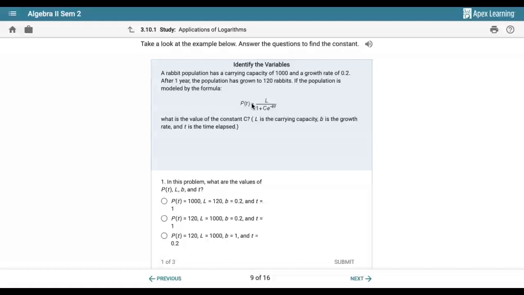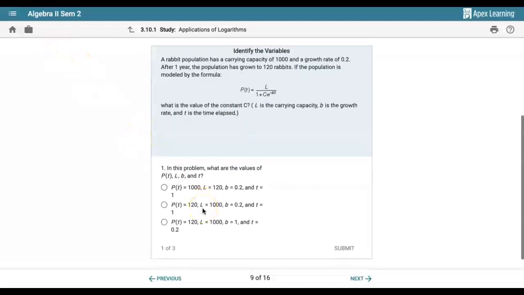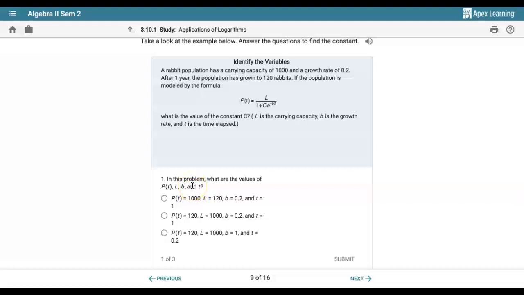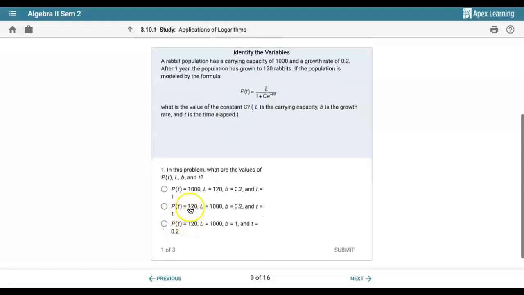The first question is, what is the value of the constant C, if L is the carrying capacity, B is the growth rate, and T is the time elapsed? First we need to identify the values of P of T, L, B, and T. The population has grown to 120 rabbits, so our P of T is equal to 120.